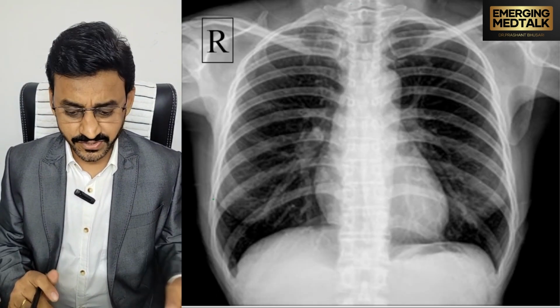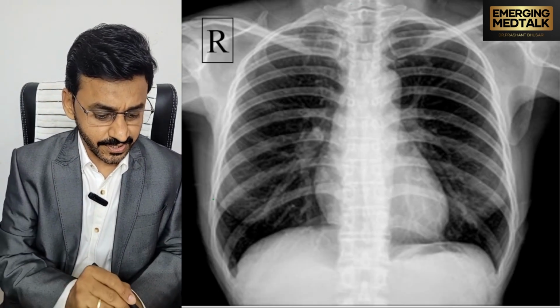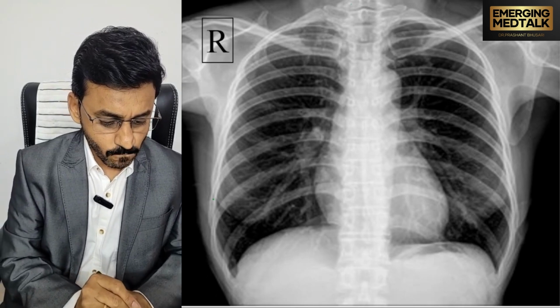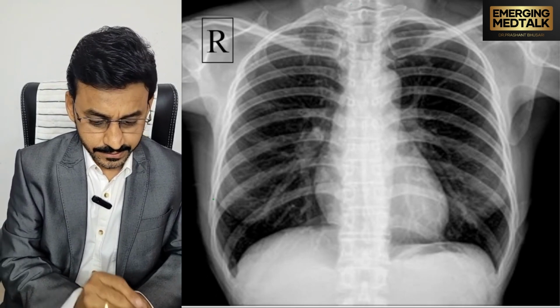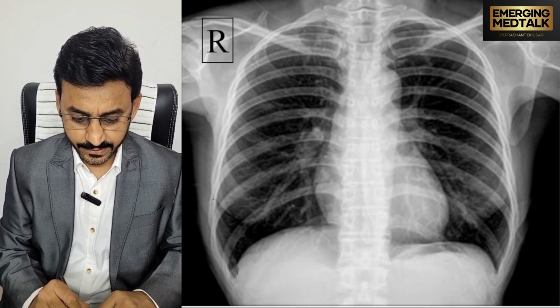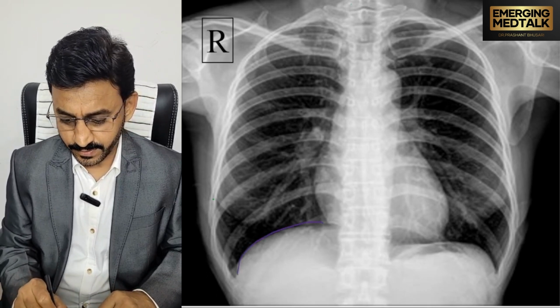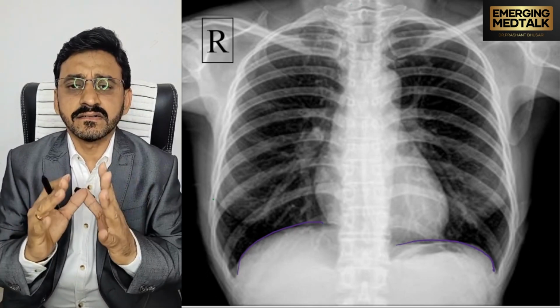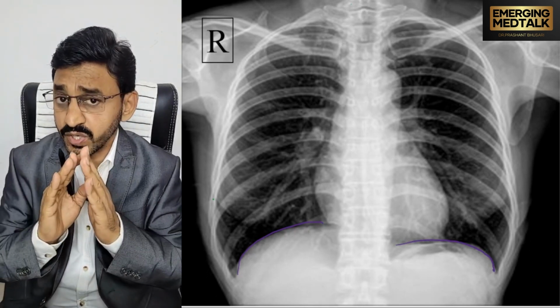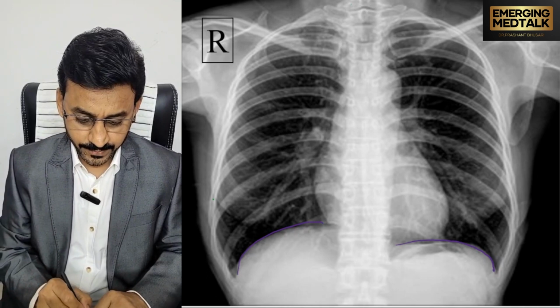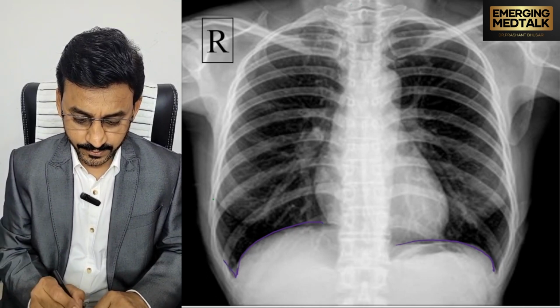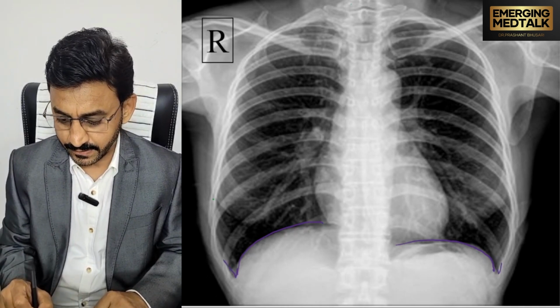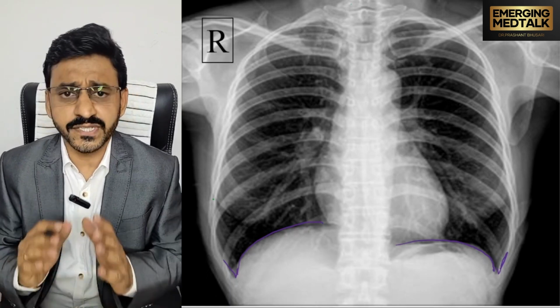After this cardiac shadow, we will discuss the diaphragm. Here is the right hemidiaphragm and here is the left hemidiaphragm. These are dome shaped, not straight, and each makes an acute angle with the ribs, or the lateral thoracic wall.